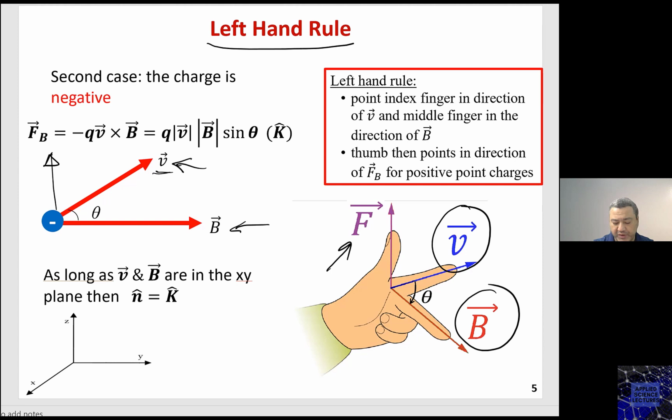And that's why we said here the n hat is k hat, which means that the force is pointing in the direction of the positive direction of the z axis. So the right hand rule, we use it for the positive charge. The left hand rule, we use it for the negative charge. This way, things would be easier for you to try.